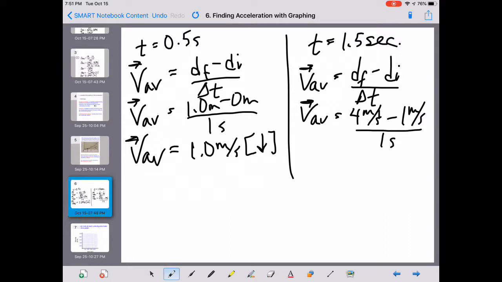Sorry, I wrote meters per second here, I just meant meters. 4 meters minus 1 meter, it's our position, over 1 second. So VAV, 4 minus 1 is 3, divided by 1 is 3 meters per second going downward. Okay, keep going from what we have.